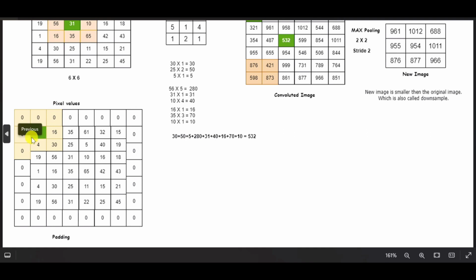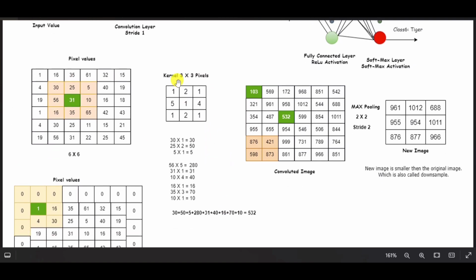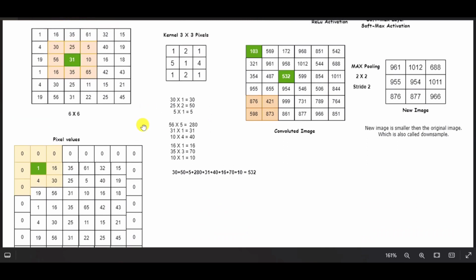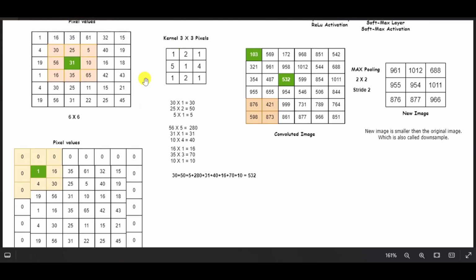Never mind, there is some misalignment here. But once we apply the padding, it becomes easy to apply this 3 by 3 kernel filter. Now if we apply this 3 by 3 filter on these three values, the same procedure repeats: we calculate 0 times 1, 0 times 2, and 0 times 1.